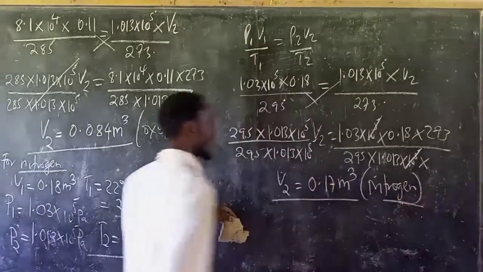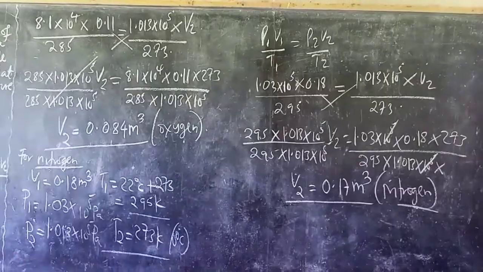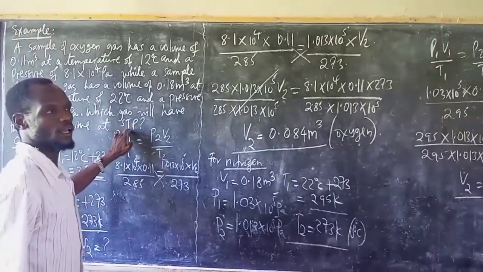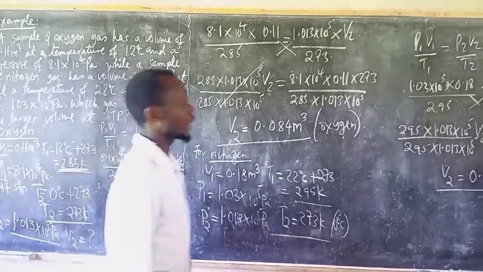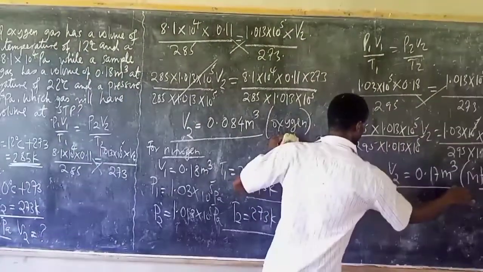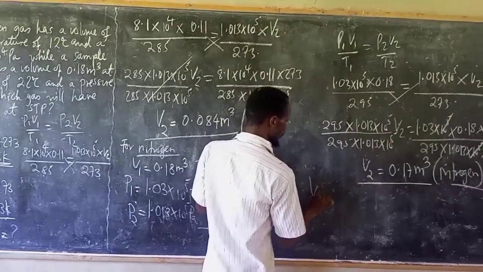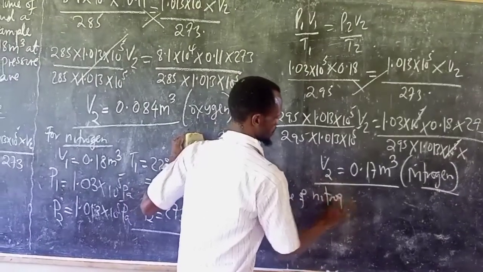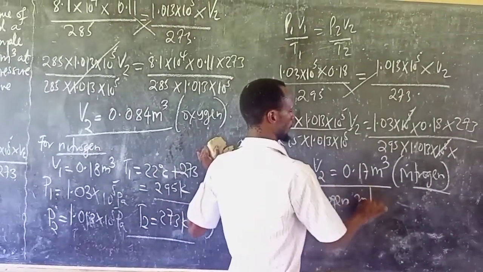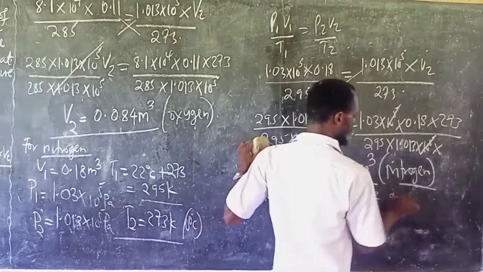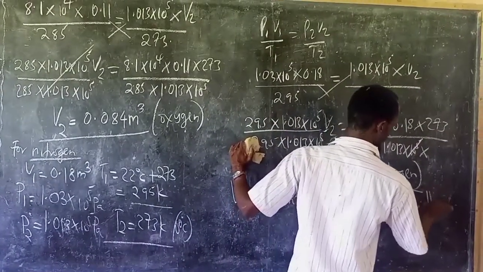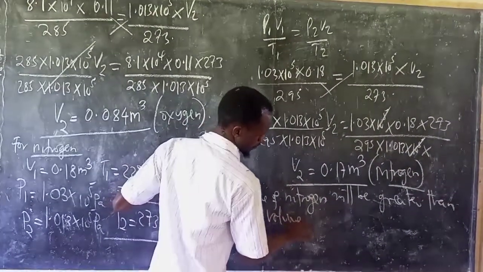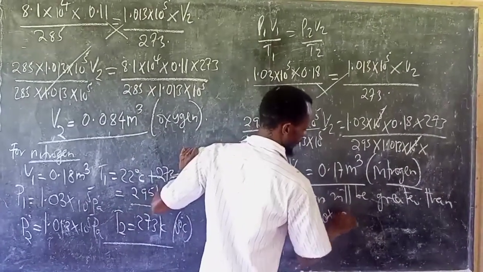We've been asked which gas will have the larger volume at STP. The volume of nitrogen will be greater than the volume of oxygen at STP.